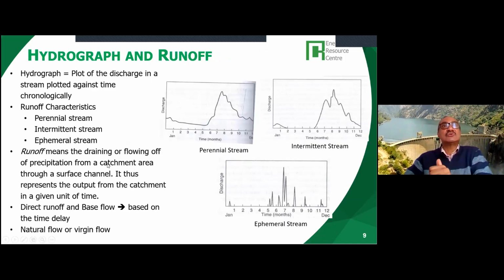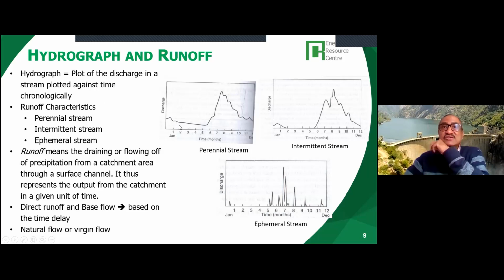Then the first, the hydrograph or the runoff, is the variation of the discharge in the river over the months from January to December. Okay, so by hydrograph, I mean the plot of the discharge in a stream plotted against time chronologically.